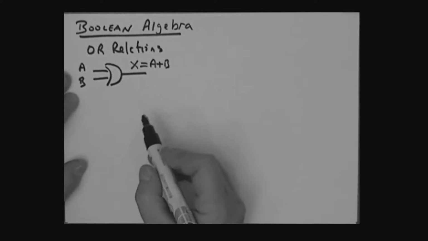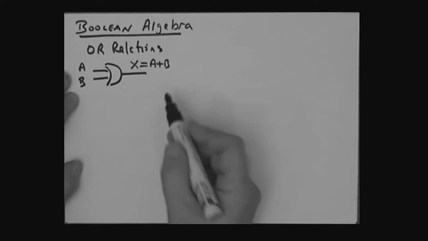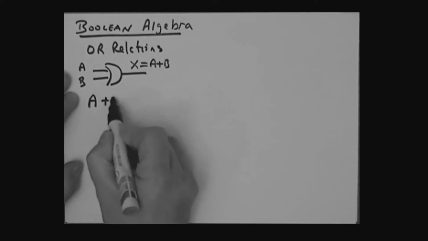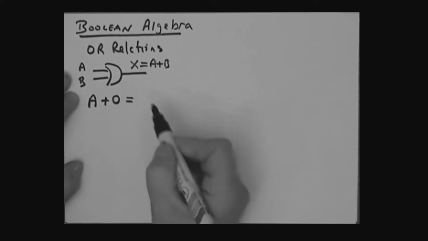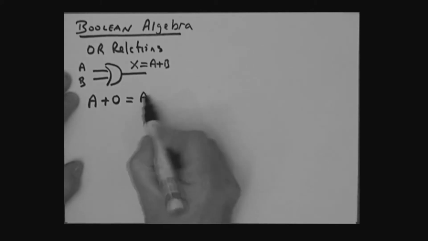Now you can prove these identities, and I'll get you to do this yourself, by looking at the truth tables. All of the stuff that we're going to go through can be proved by consideration of a truth table. So our OR relations. If we have A or 0, what is the result? A or 0 must give me whatever A is.